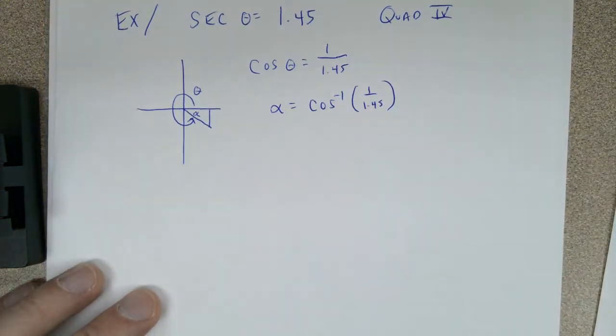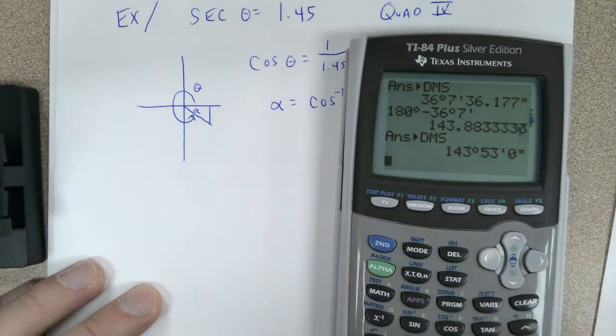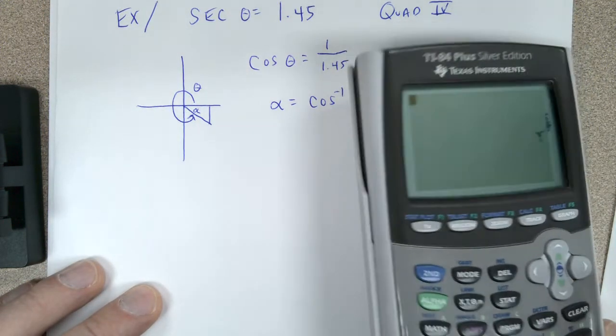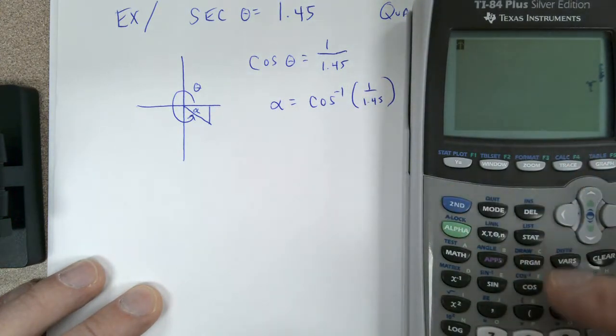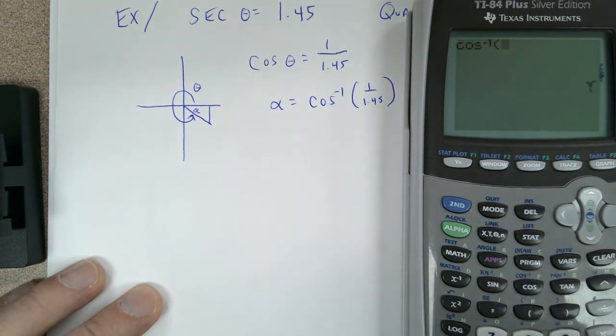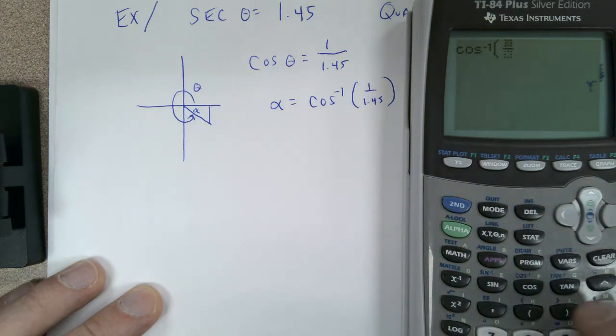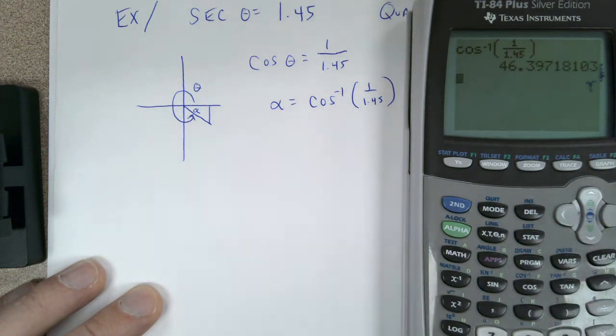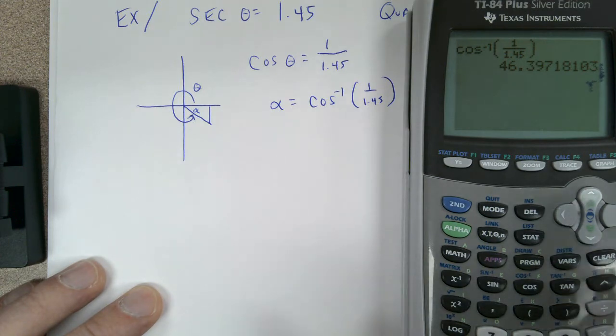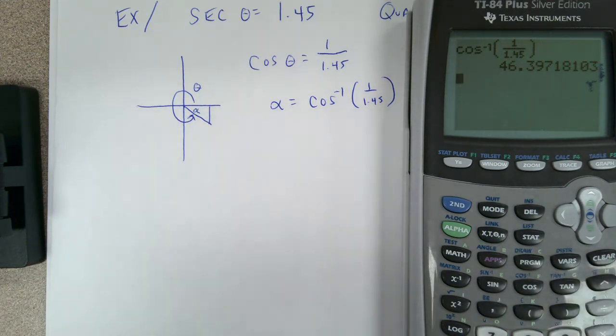I'm going to put that into my calculator here, so let me clear this out. So we're going to do the inverse cosine of, I'm going to put a fraction in here, 1 over 1.45, and we're going to hit enter, and that's going to give me 46.397.